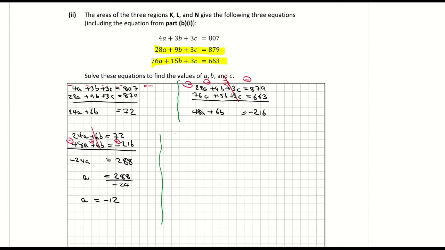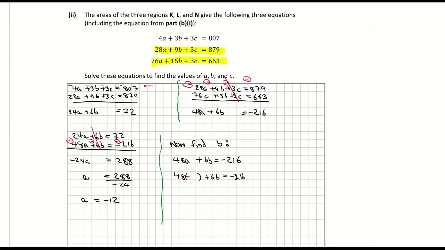Now I want to find b. So the quickest way of doing this is just to sub it back in. So if I take either of these two lines, let's take the 48a line. 48a plus 6b is equal to minus 216. Let's sub in my value for a into this.